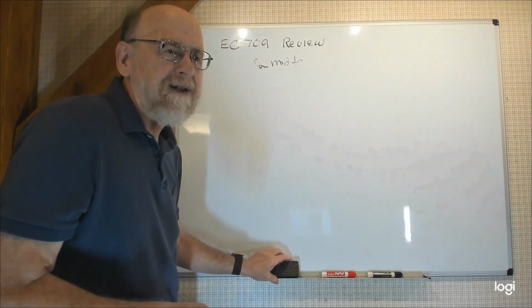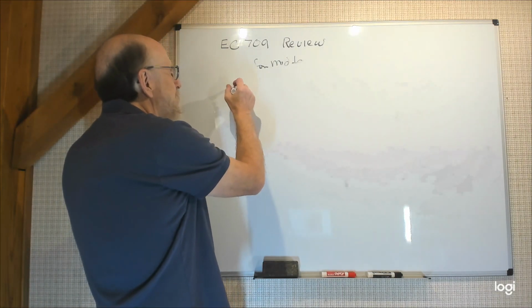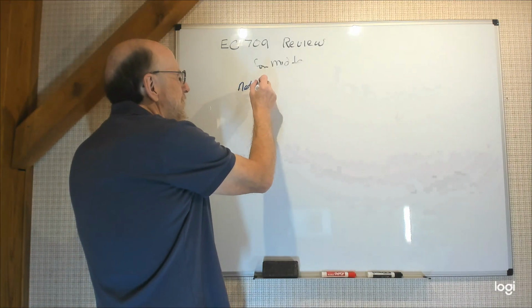So I'm going to start by just talking about consumer theory just a little bit. We have two models. The first model we did was the net benefit maximizing model.